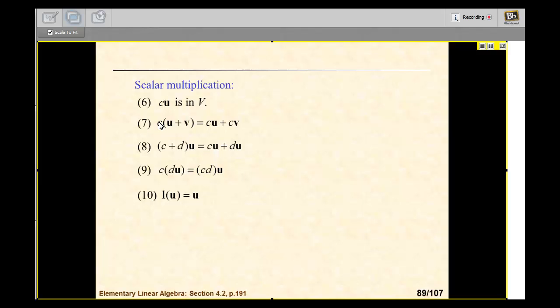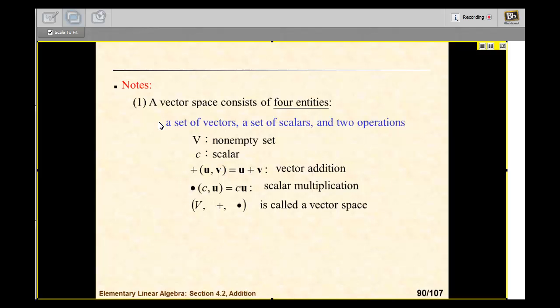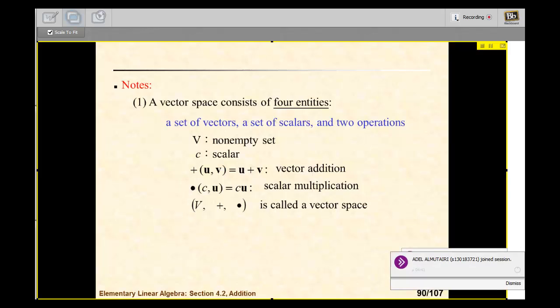If any one property does not hold, then this is not called a vector space. So you have to remember all these 10 properties. The vector space is written as V, plus, dot. This is the symbol, and in this way we can represent a vector space.